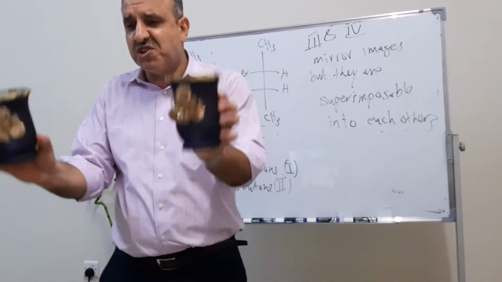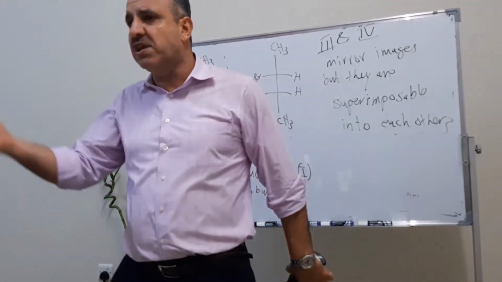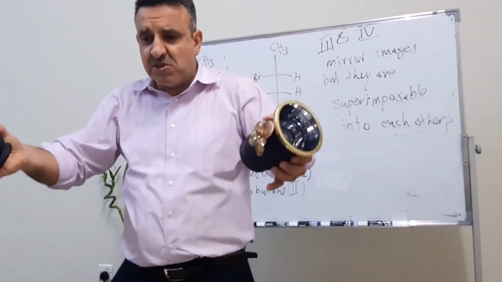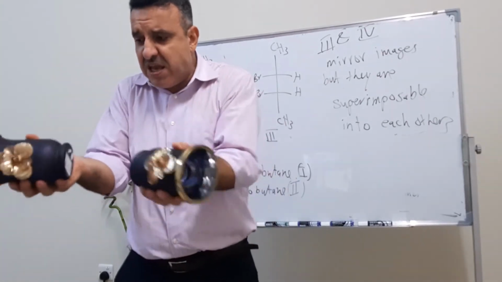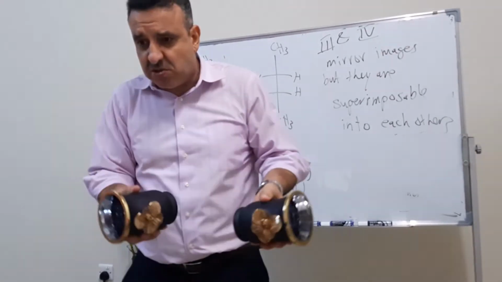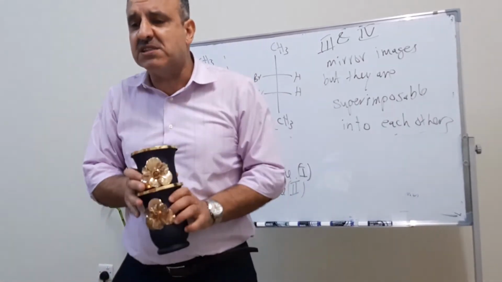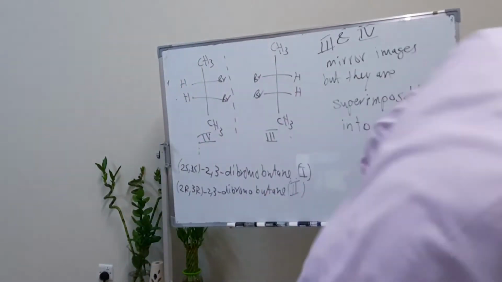So if I asked you what's the relationship between these two objects, you wouldn't say these are different compounds or stereomers or whatever. It's very obvious that anything which is a mirror image and superimposable must be the same compound. Always remember that.